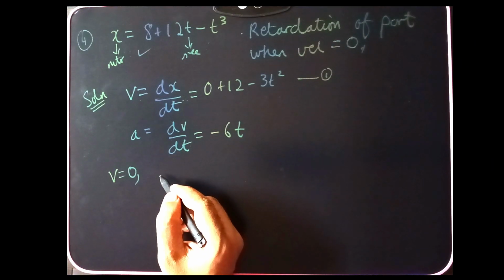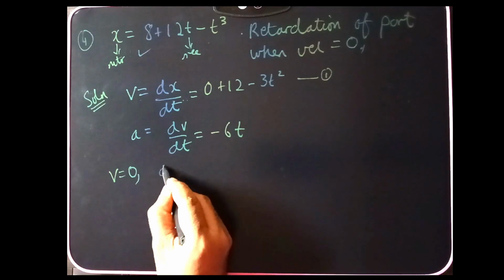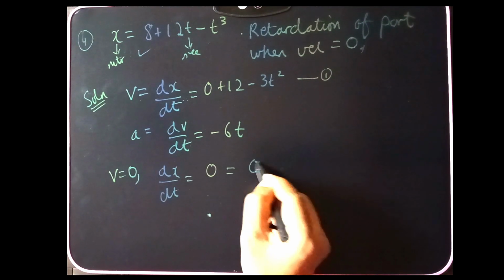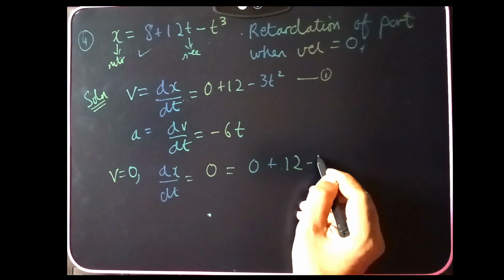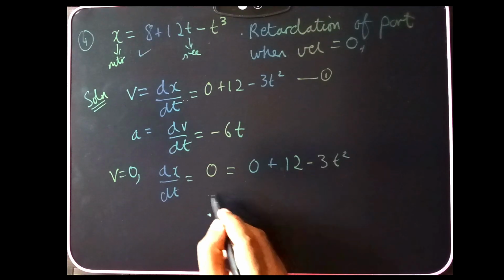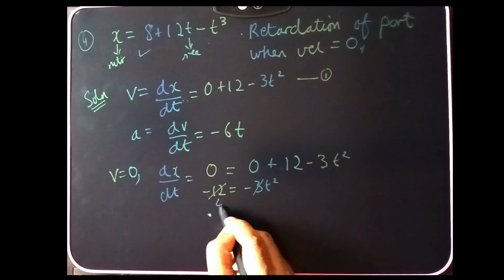Now when velocity is 0, it means that this expression is 0, right? That means dx by dt is actually 0. This will become 0 plus 12 minus 3t square. So this will give you minus 12 is equal to minus 3t square. 3 will cancel 4.